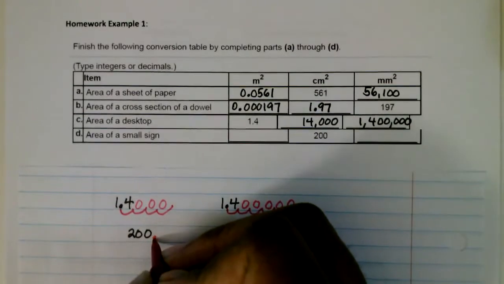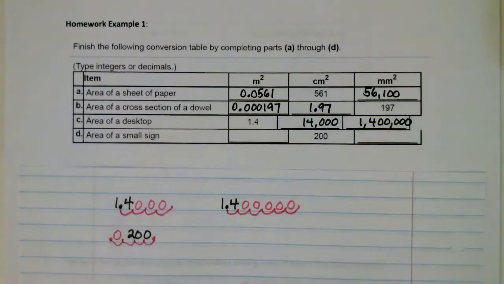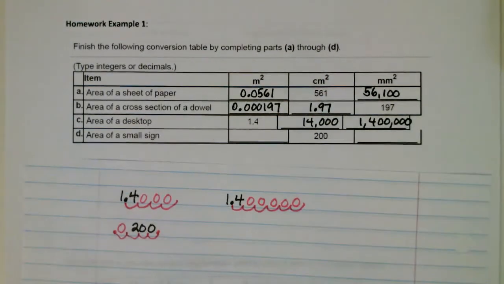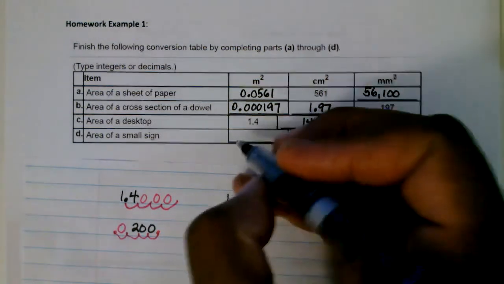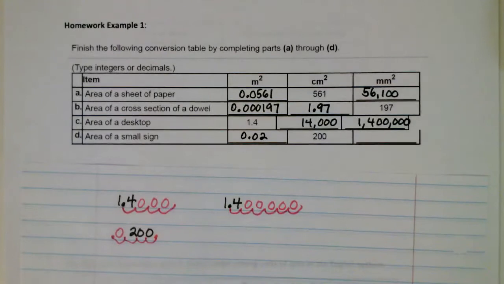So it'll be 1, 2, 3, and 4. And I need a 0 in front. So this will be 0.02 square meters.